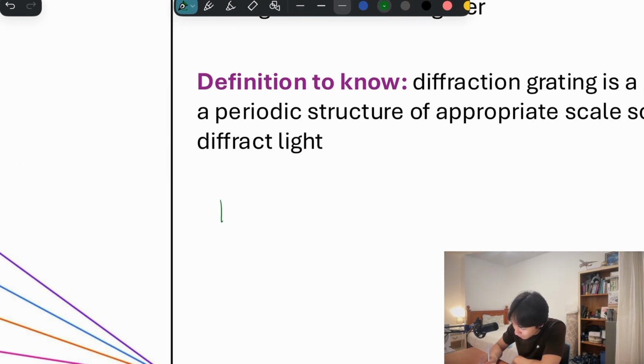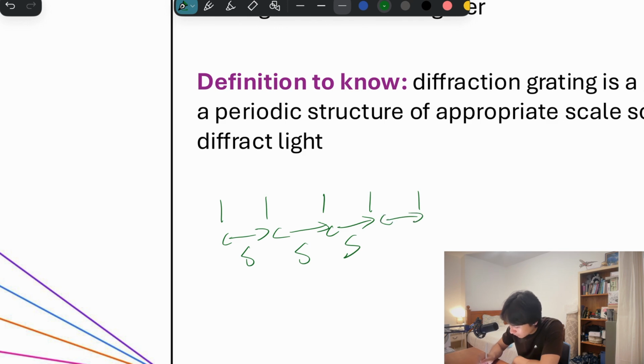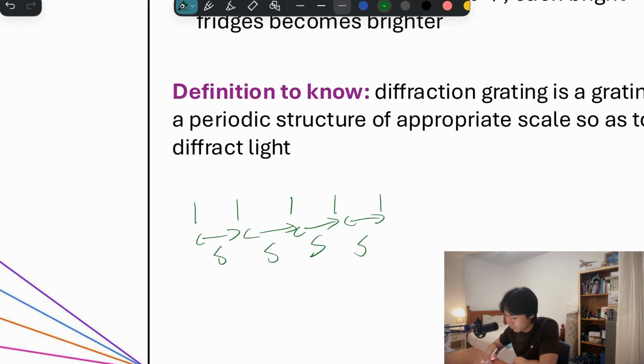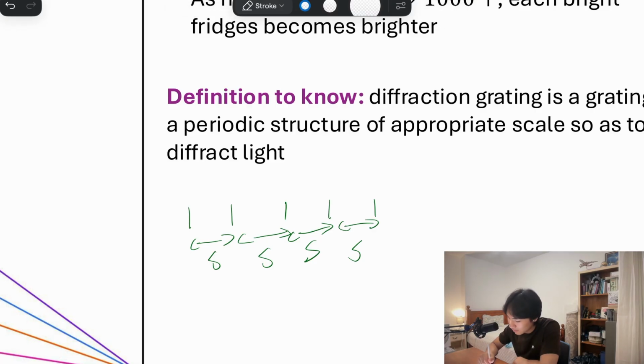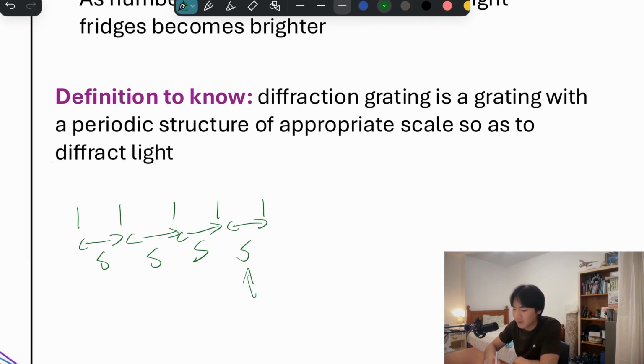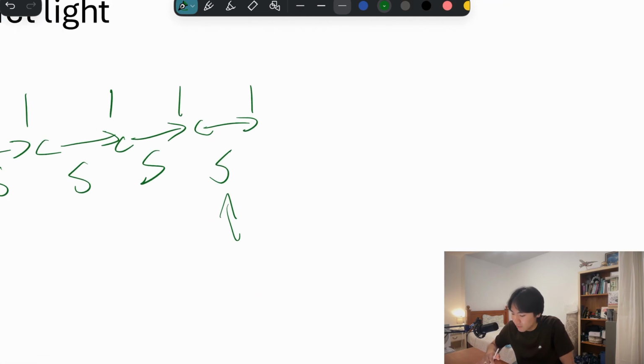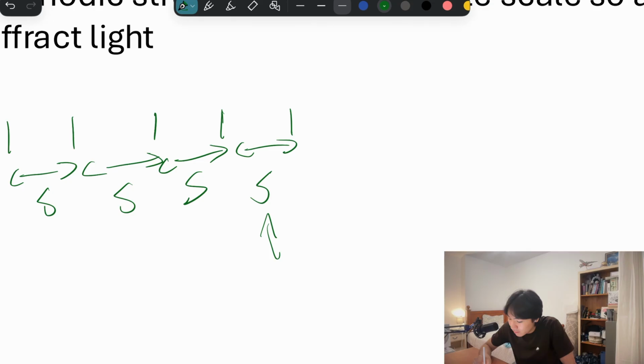For instance, there might be a constant gap, always constant, S, S, S, and S. I know this isn't the best drawing, but bear with me here. Maybe this is a grating with a constant distance S, in the scale that diffracts light. And it's important that it is in scale because, for instance, when light comes through your door or your window, it doesn't diffract. It only diffracts when the aperture itself is comparable to the wavelength.